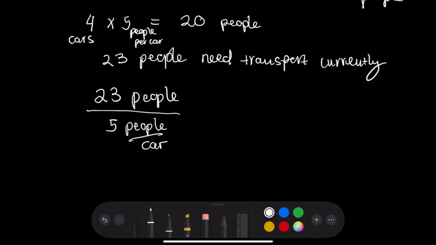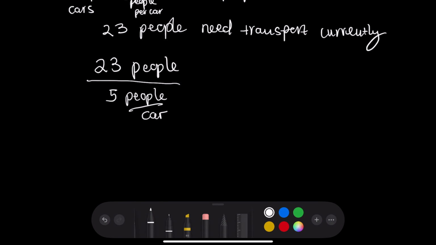That's what I want to know. If I have 23 people and I know I can fit 5 people into a car, how many cars do I need? Then very quickly, 23 divided by 5 is 4,6. That's equal to 4,6 cars. Because the people cancel each other out, and then I'm just left with cars.